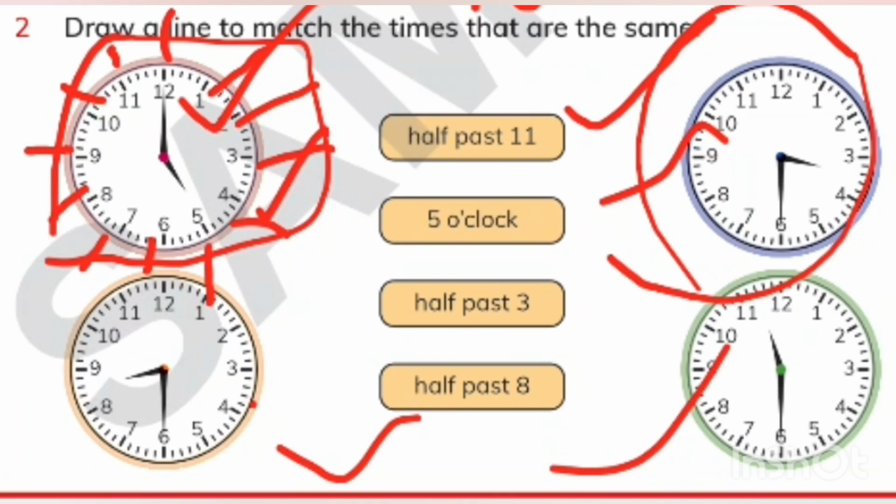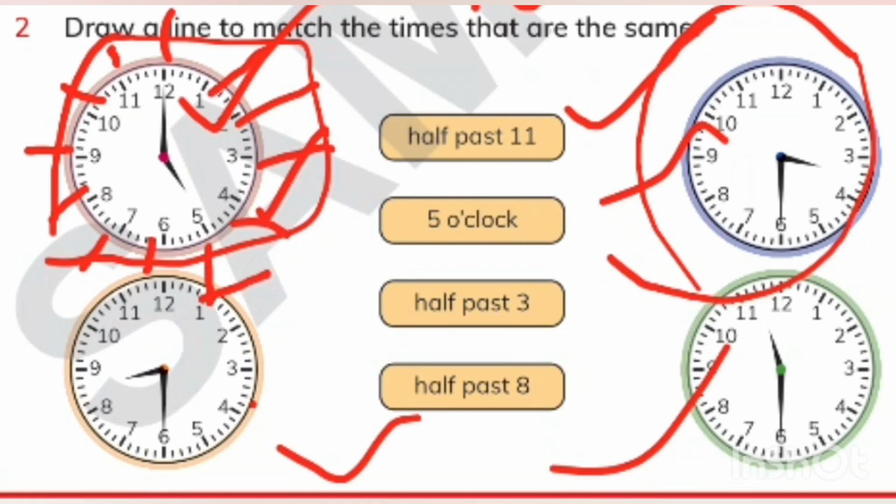And we have learned already that there are 60 minutes in an hour. So to find out the minutes, we have to learn the table of 5. If the analog clock shows 1, it means 5 minutes.